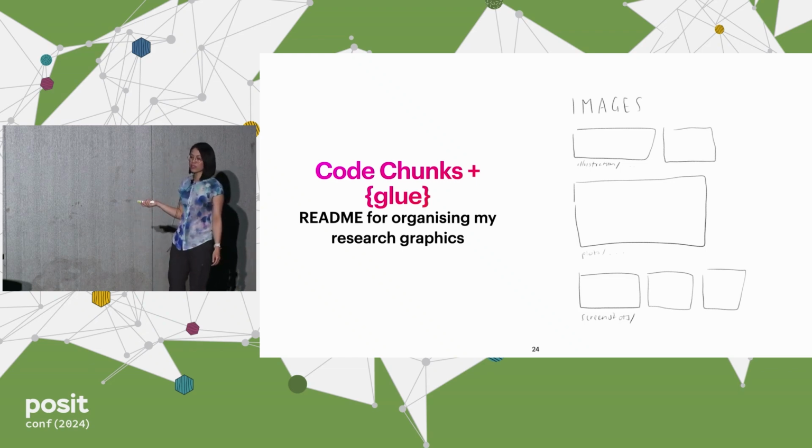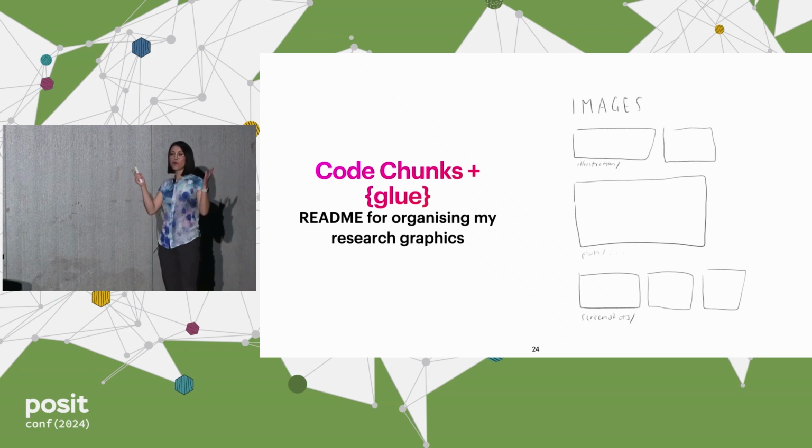And so I thought to myself, well, what if I just put all of these images into a single GitHub repository? And wouldn't it be cool if I could just have the README show me every image that I've ever made, and maybe also print the file name so that when I'm including this image, say, in a set of Quarto slides or in my next paper, I know where to find that file and what it's called.